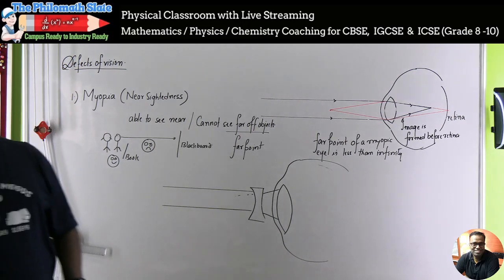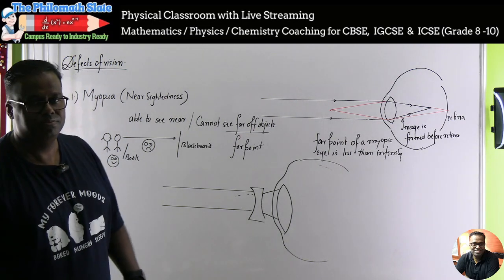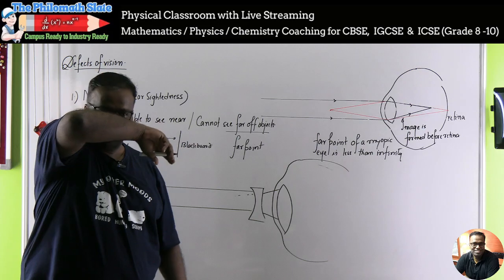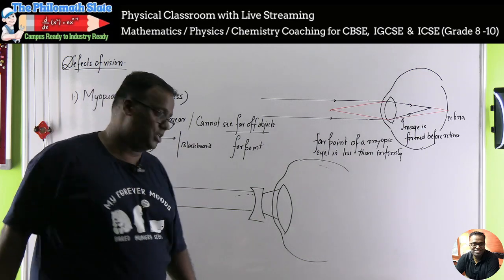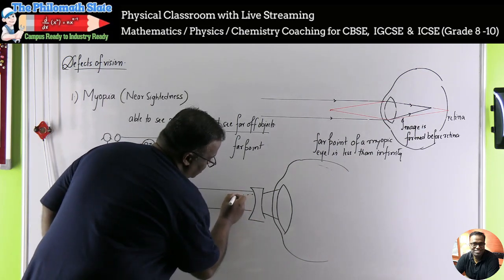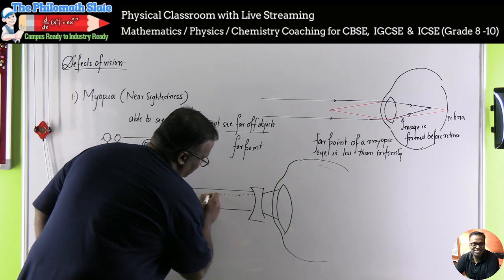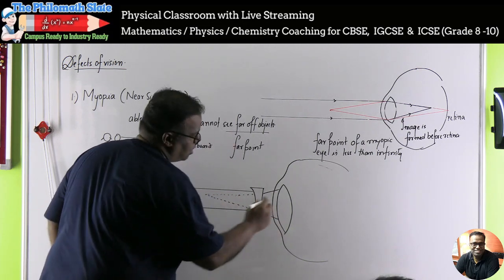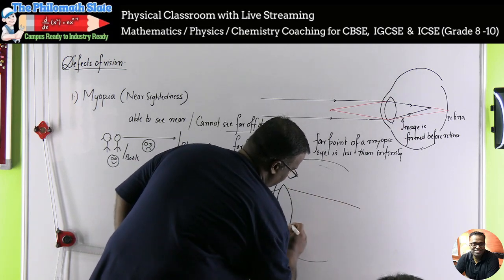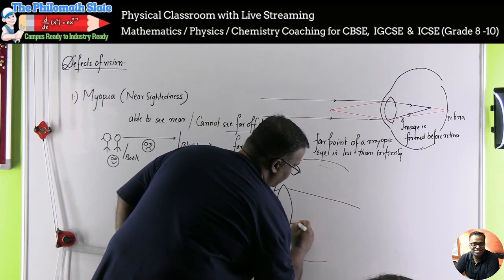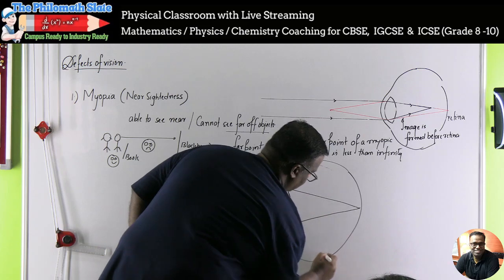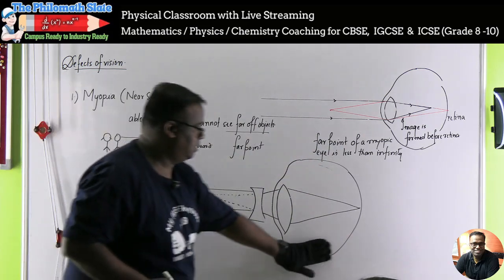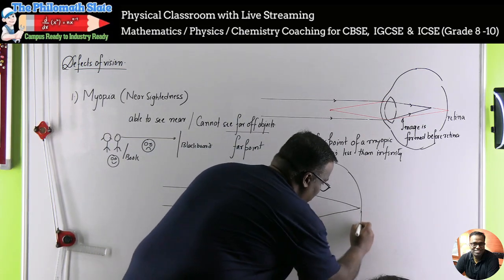Concave lenses form only one type of image: virtual, erect, smaller than the object. This is the first image that will be formed. Exactly at the retina. We will explain again, don't worry.